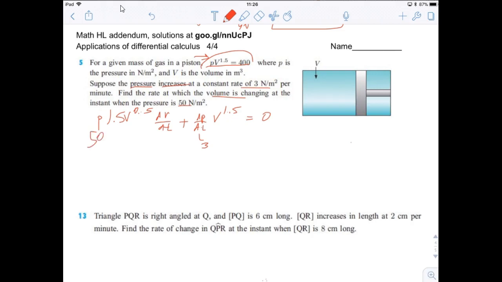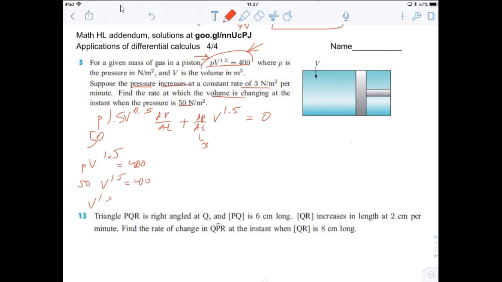Volume. So how do we figure out what the volume is? The volume is known from the pressure by this equation here: P times V to the 1.5 equals 400. We know that P is 50, and we don't know the volume.